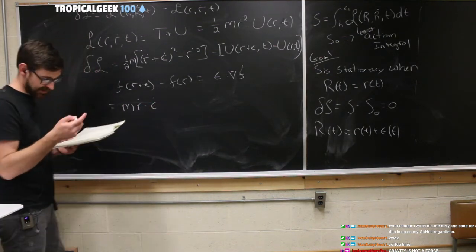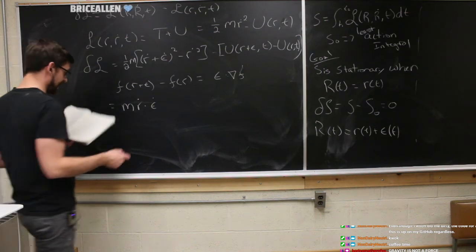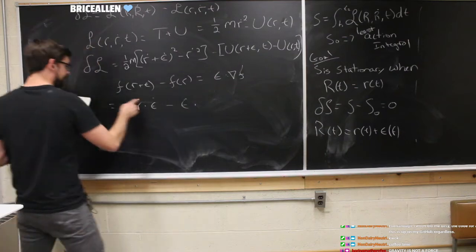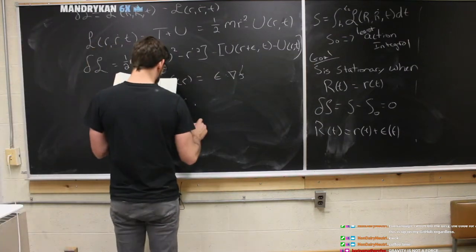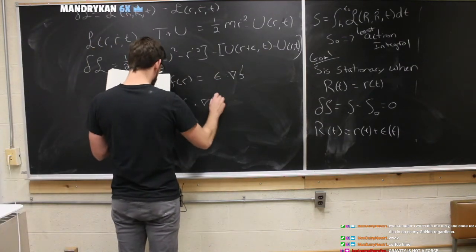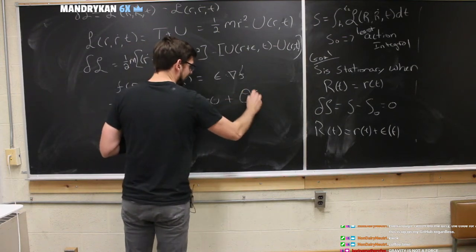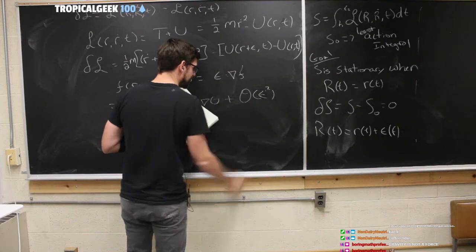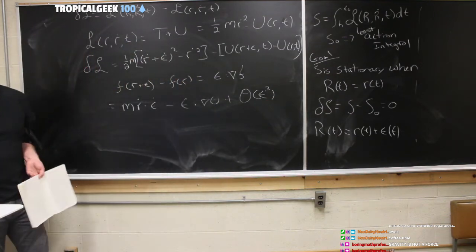So we're going to get rid of that, and we're going to get rid of it in this term right here. Then we introduce our theorem, and we get epsilon dot the gradient of U, and then we'll have some higher order epsilon squared terms, and we're not going to worry about those; they're too small.